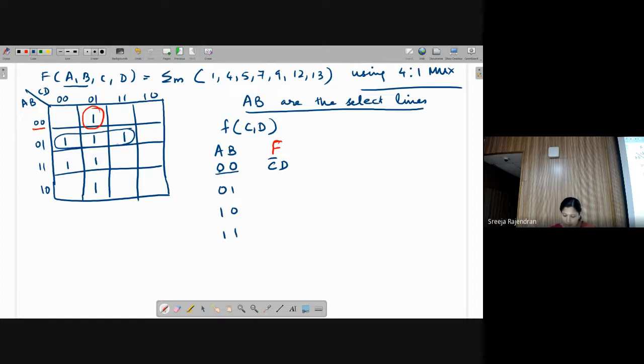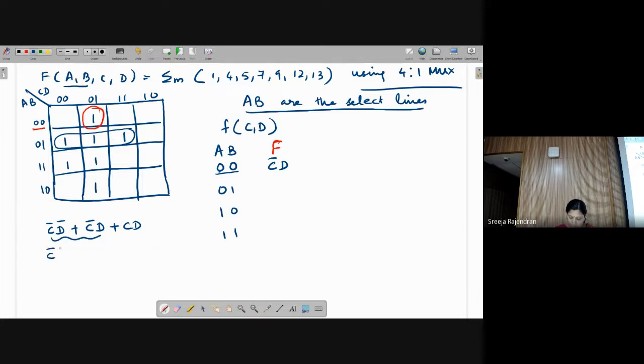So I come here, I have 3 cases where it is true. So I'm going to write it over here. The 3 cases means the first one is when C and D are 0, 0, right? So C bar D bar, plus next case is when it is C bar D. Last one is CD. Yes or no? So now let me combine these first two terms.